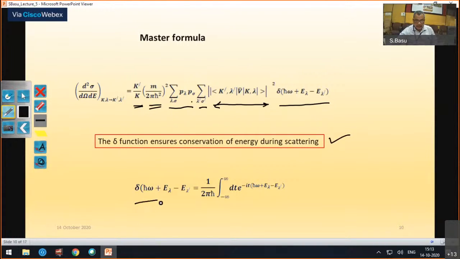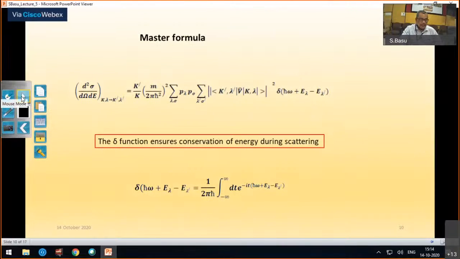Delta of h cross omega plus E lambda minus E lambda prime can be written as an integration over time of e to the power minus i t times (h cross omega plus E lambda minus E lambda prime). This is the integral representation of the delta function. Accept it. Those who know, it's okay. Those who don't know, accept it. Because once you accept it, then I can take you forward and show you how this delta function gives me the correlations in the system.